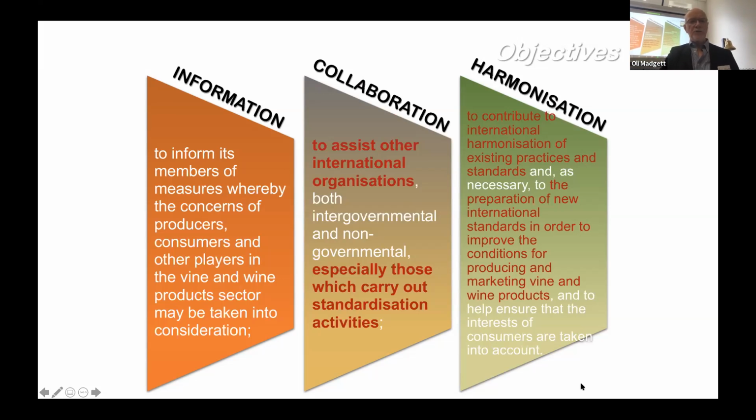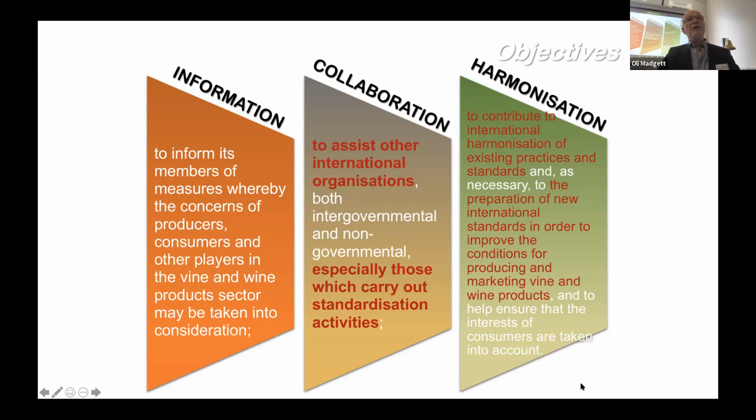But essentially 3 pillars: information to inform its members of measures whereby the concerns of all those parties may be taken into consideration. It has a strong focus on collaboration, which aligns very much here, to assist other international organisations and especially those carrying out standardisation activities.